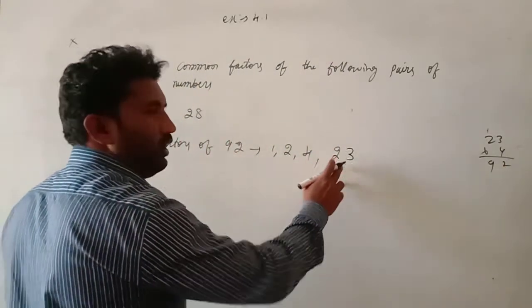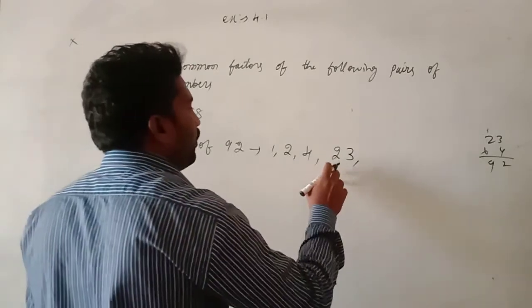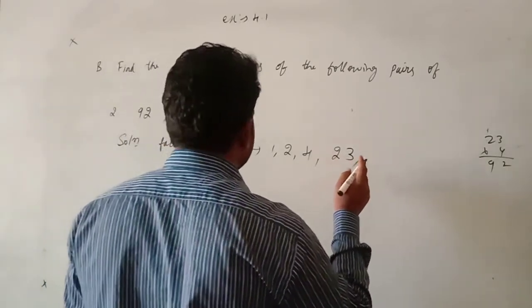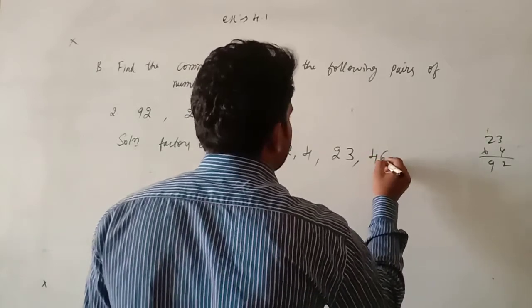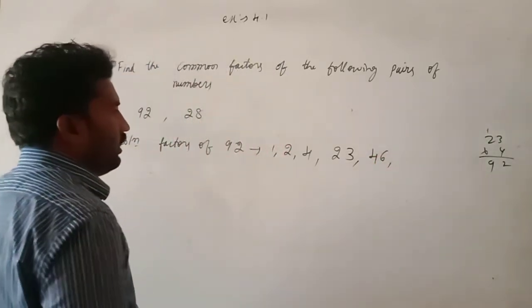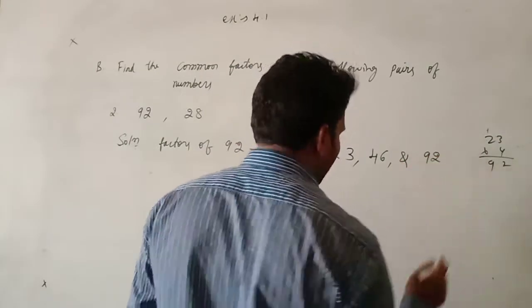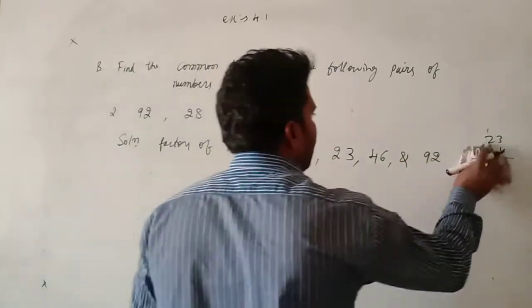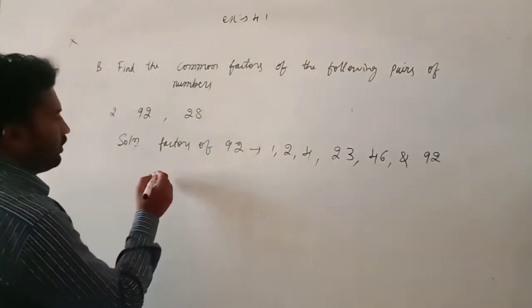Then 23 twos are 46. Finally it can be divided by 92. So these are all the factors of 92.